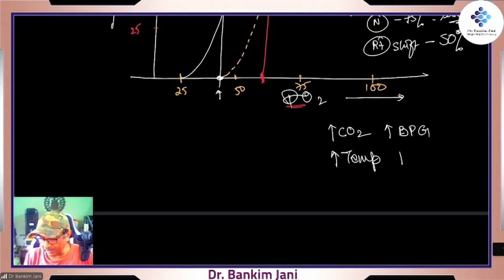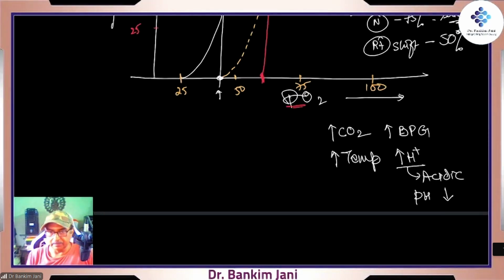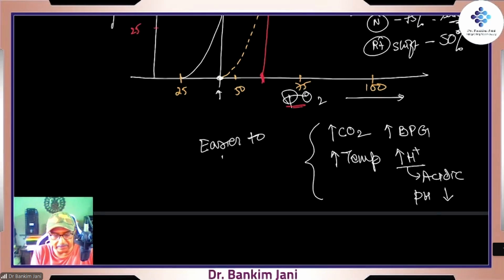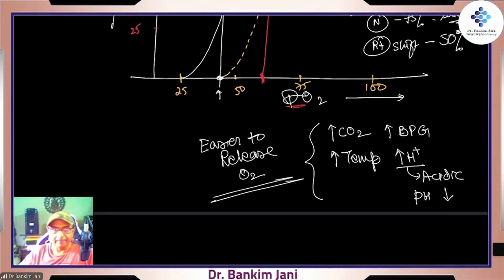When there is an increase in H plus ions, it means the environment is acidic, it means the pH is lower. So in all these cases, the right-sided shift tells that it is easier to release oxygen. When it is easier to release oxygen, obviously the hemoglobin releases it, so hemoglobin will be less saturated.